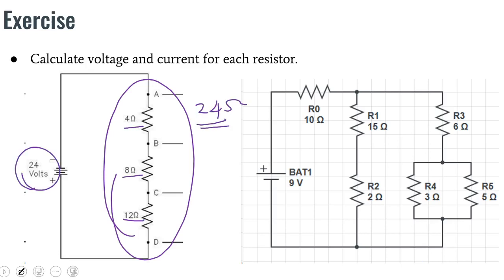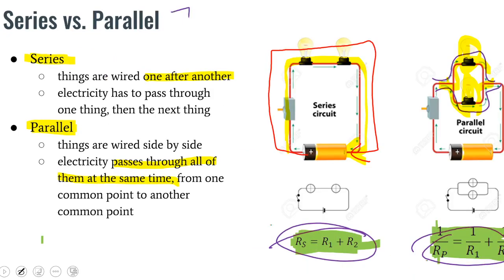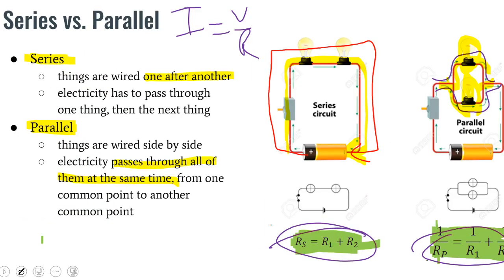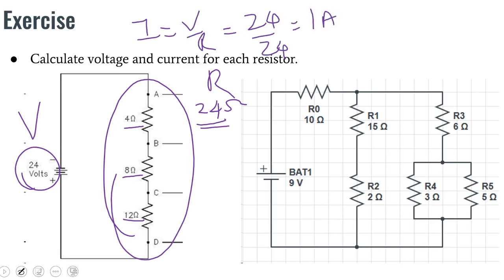So now we know volts, we know resistance, so what we are missing is I. So I can use the equation I equals V over R. That would become 24 over 24, so that is 1 amp.